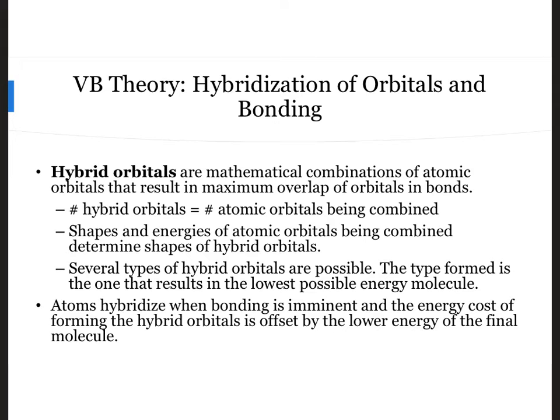The shapes and energies of atomic orbitals being combined determines the shapes of the hybrid orbitals. We must recognize that atoms hybridize when bonding can't be avoided, and the energy cost of forming the hybrid orbitals is offset by the lower energy of the final molecule. Remember, the goal of all chemistry is to find the lowest energy state in which to reside. Let's look at the hybrid orbitals that are possible.